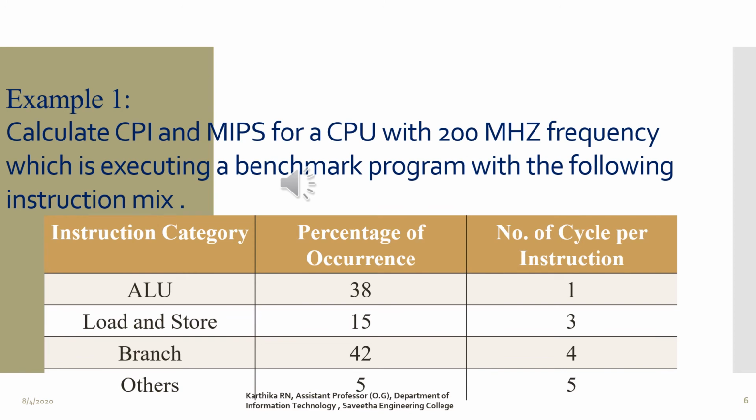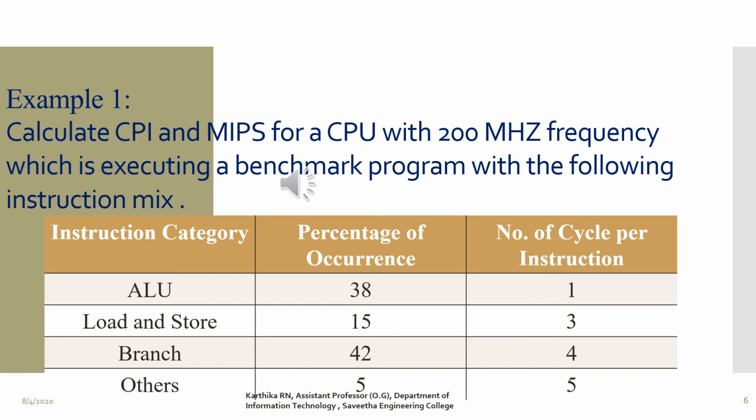Now let's see a problem based on the performance measure of the system. We are going to calculate the CPI and MIPS for a CPU with 200 MHz frequency, which is executing a benchmark program with the following instruction mix. A table is given with instruction category, percentage of occurrence, and number of cycles per instruction.